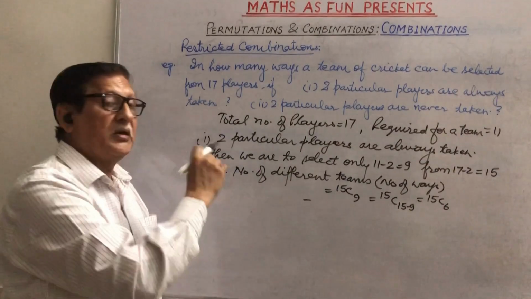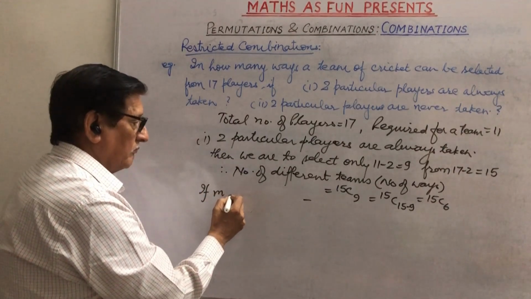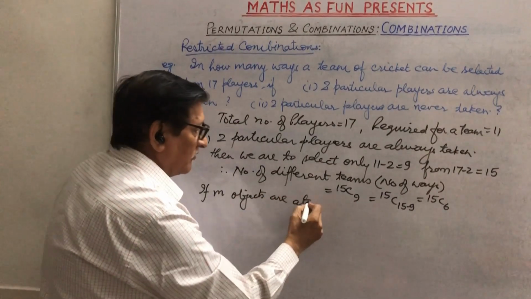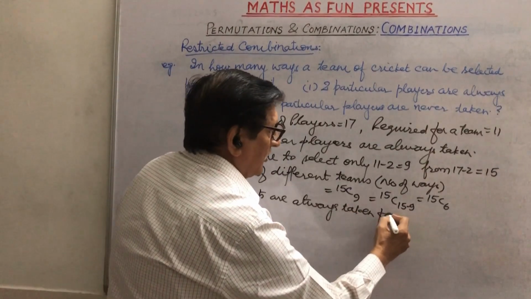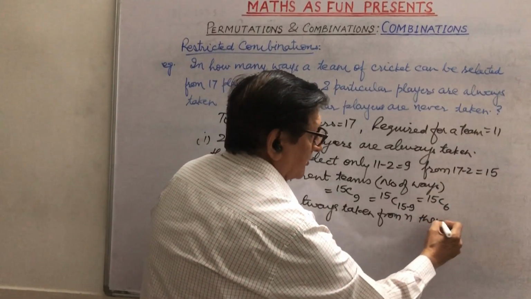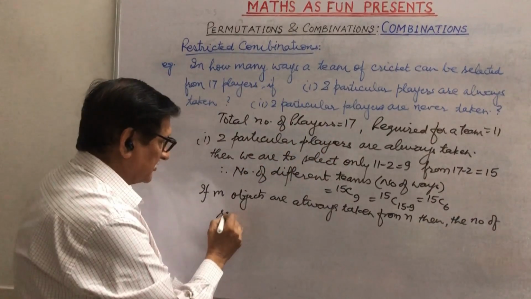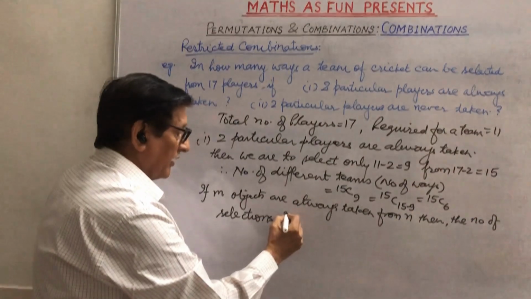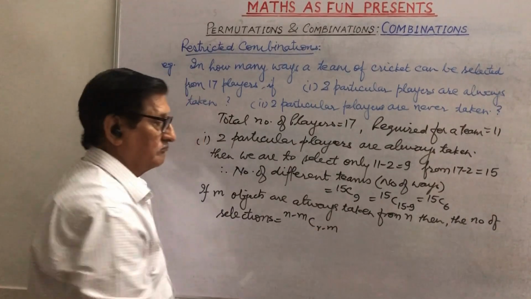From this we can make a formula. If m objects are always taken from n, then the number of ways or number of selections will be given by n minus m C r minus m.